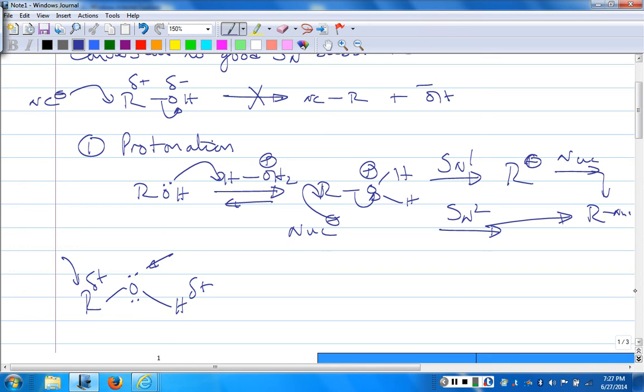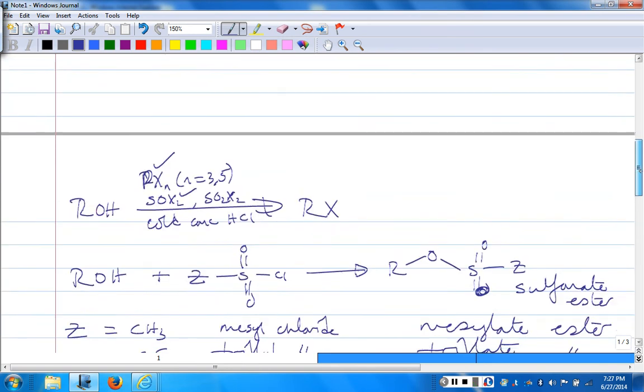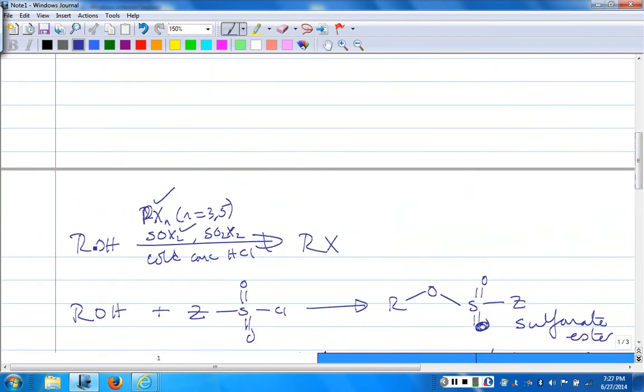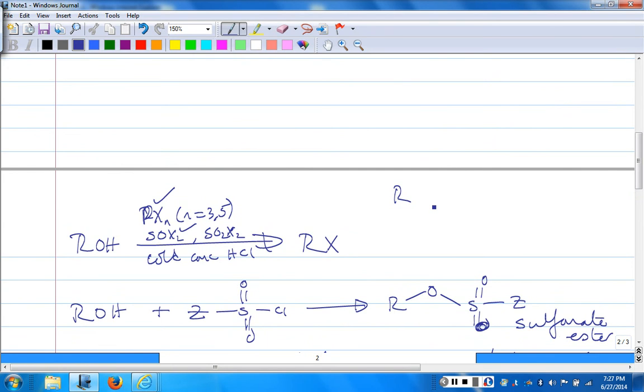We looked at the reaction, for example, of alcohols with PX3. We did this in class with the alcohols attacking the PX3 or the sulfuryl chloride. This is the alcohol attacking by virtue of its lone pair of electrons, and therefore that is evidence of the alcohol's nucleophilicity.